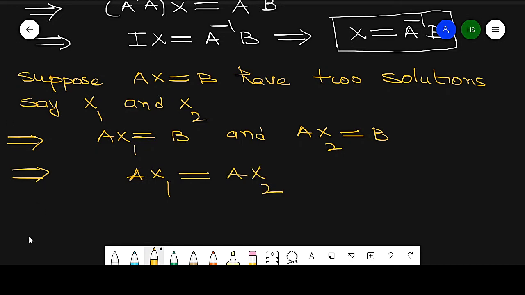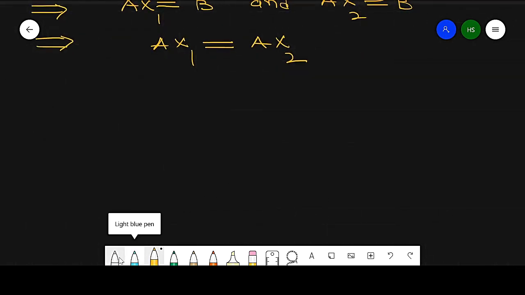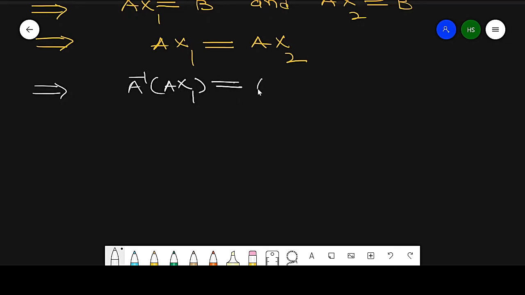Again A inverse exists, so pre-multiply by A inverse on both sides. So we get A inverse Ax1 equal to A inverse Ax2.